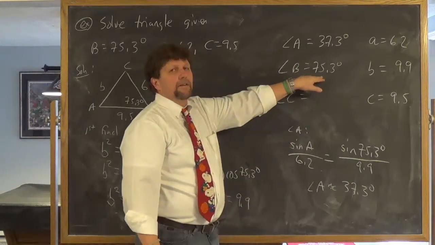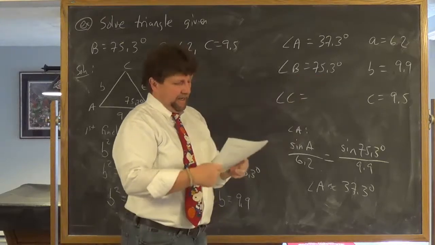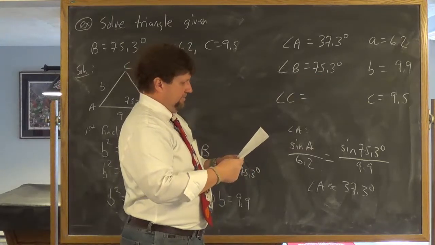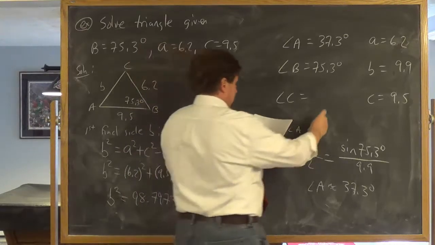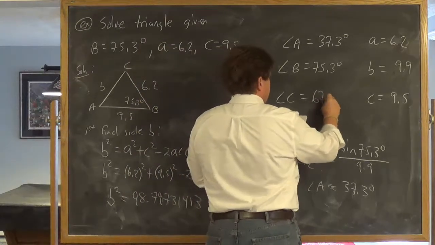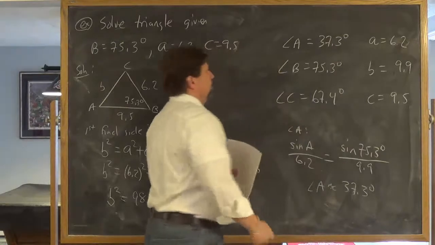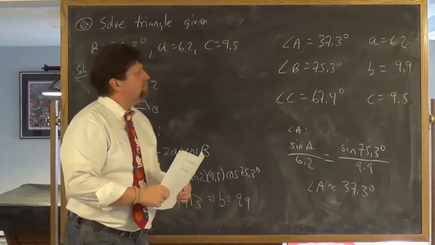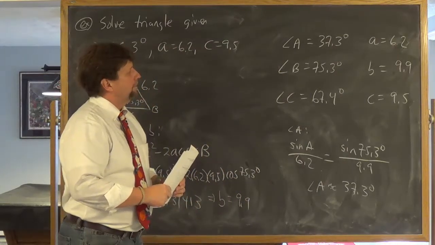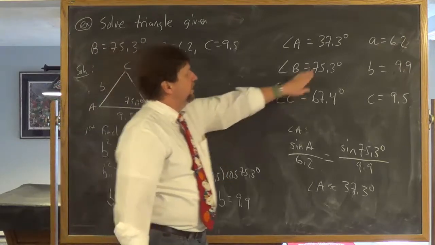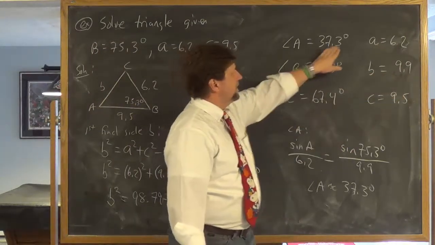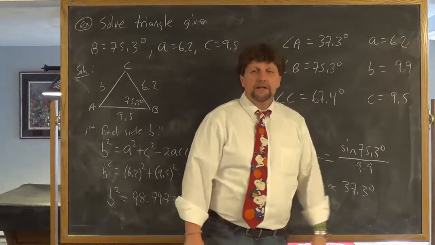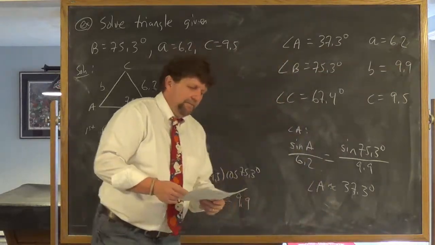Add those two together, subtract from 180, and you should get angle C to be 67.4 degrees. Quick reasonability check. Largest angle, longest side. Smallest angle, smallest side. So at least my answers are reasonable.